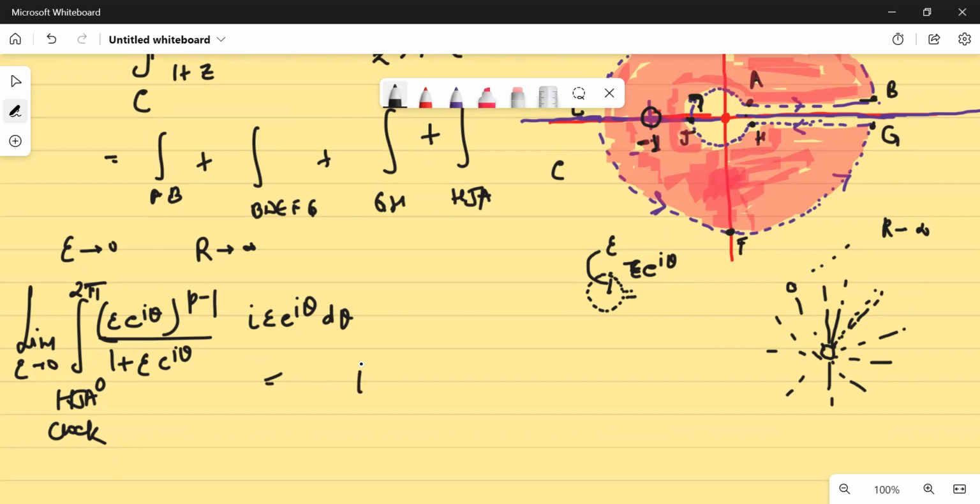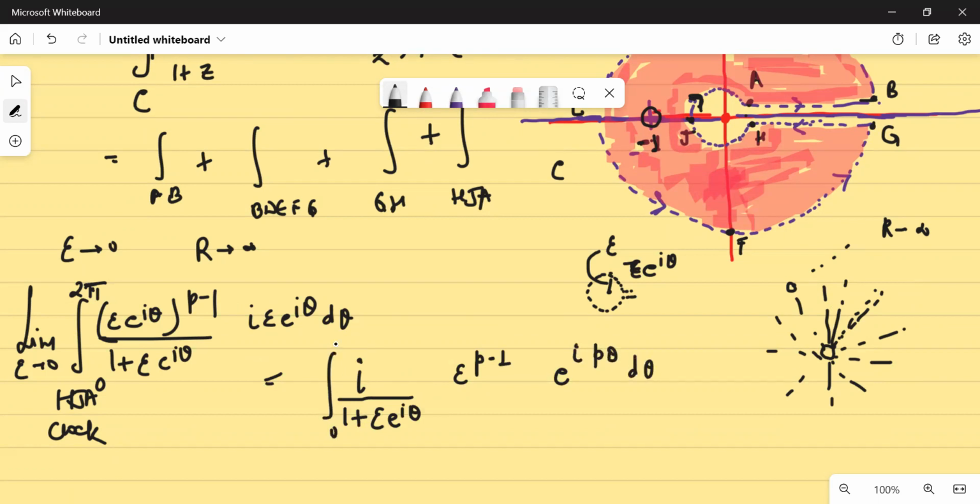This integration would be equal to iota, and there are terms. I'll write it: epsilon raised to power p-1, upon 1 plus epsilon e^(iota theta), and then you have epsilon e^(iota theta), and then e^(iota p theta) d theta.